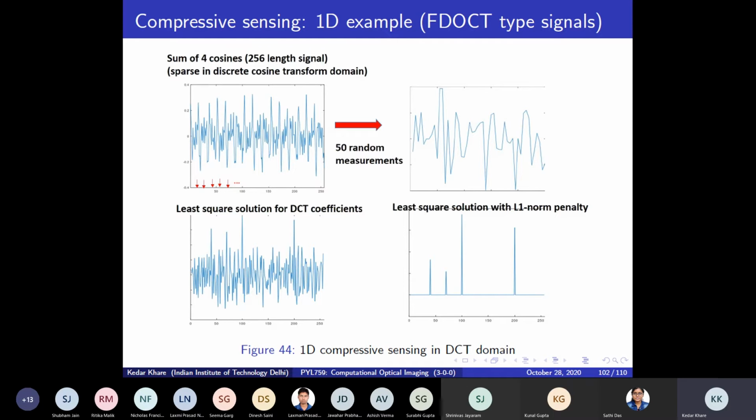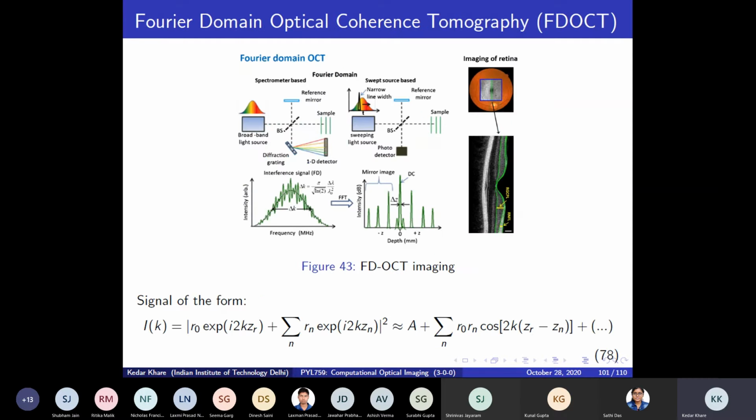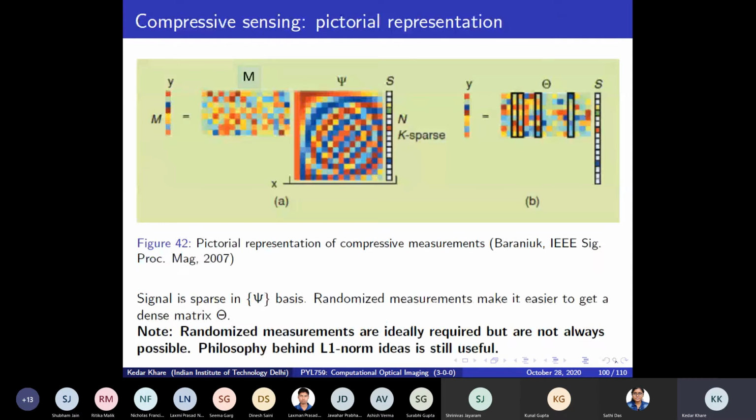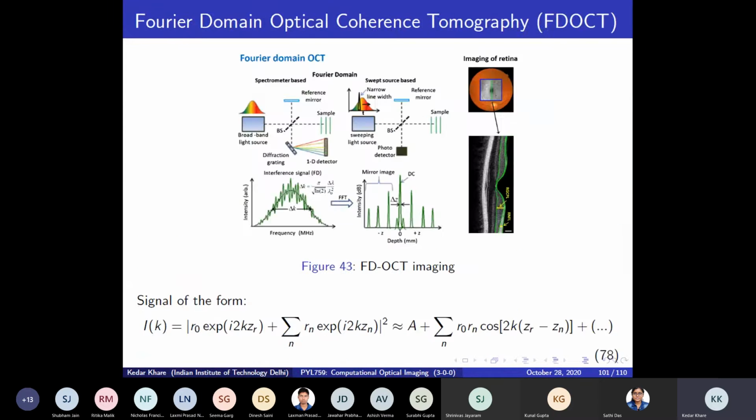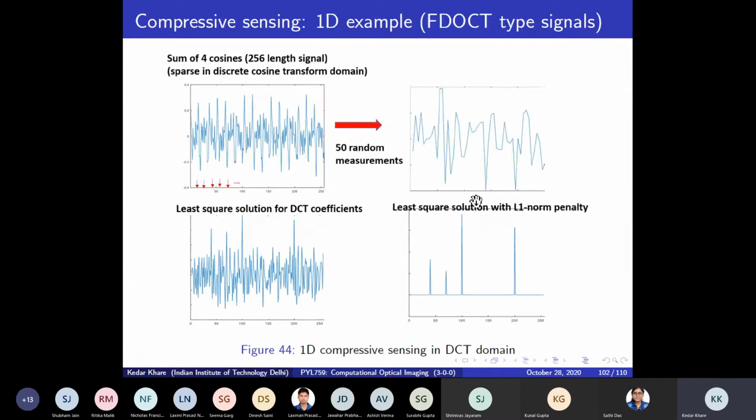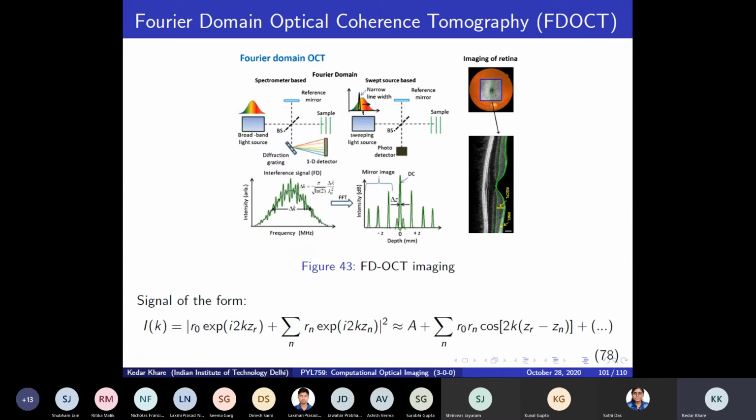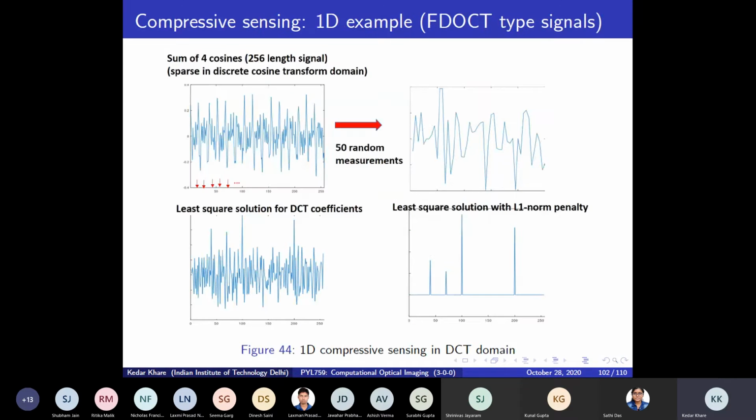Now, if I try to solve this problem, you see my measurement basis is directly picking samples randomly, and my signal is just the sum of a few cosines. So in the discrete cosine transform basis, my signal is actually sparse. In the pixel basis it is not sparse, but in the discrete cosine transform basis the signal is sparse.